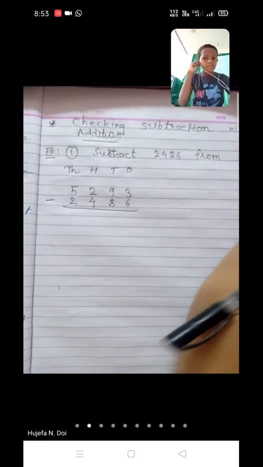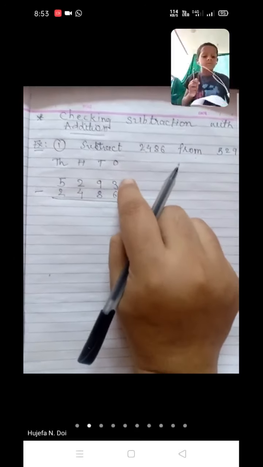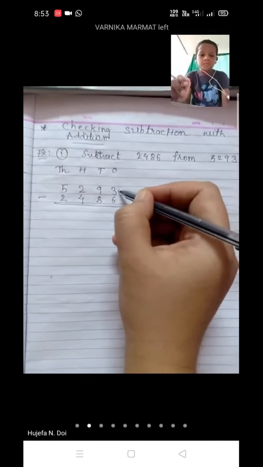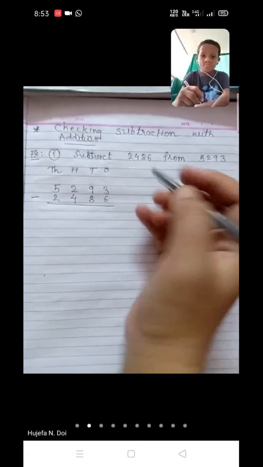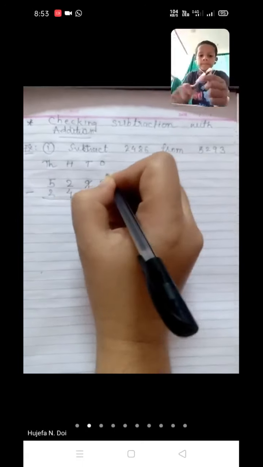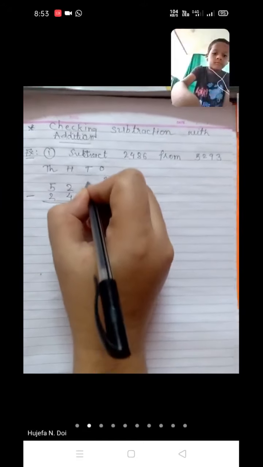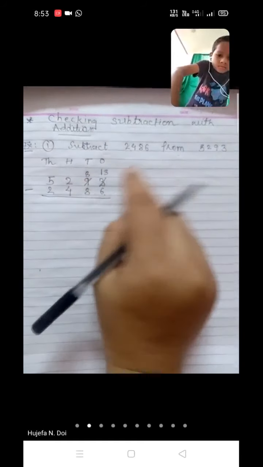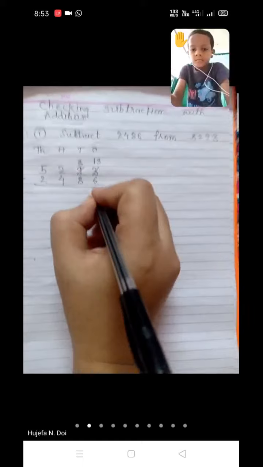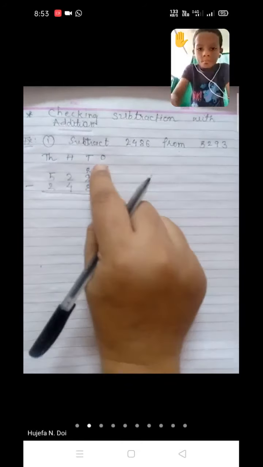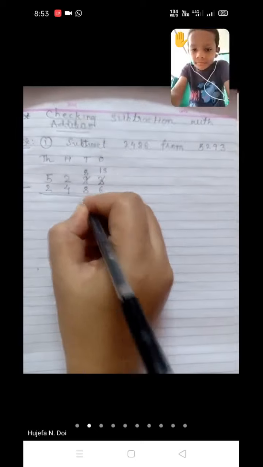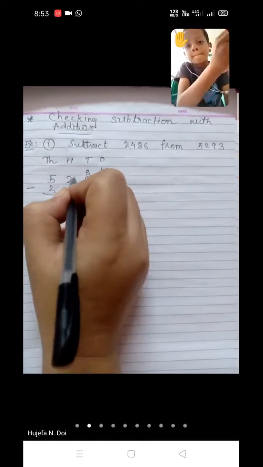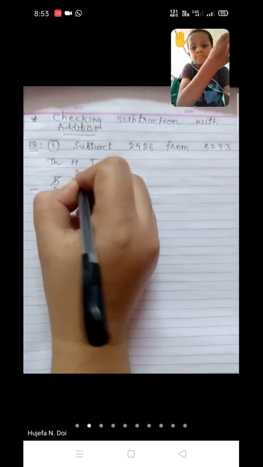So as we know, we have to start the subtraction from the ones place. So 3 minus 6. 3 is smaller than 6, so we have to take a borrow from the previous one. So 3 as it is, in place of 9 here is 8, and here will be 1. 8 plus 1, 9. 13 minus 6, 7. 8 minus 8, 0. 2 minus 4. 2 is smaller than 4, so we have to take a borrow from the previous one. 2 as it is.